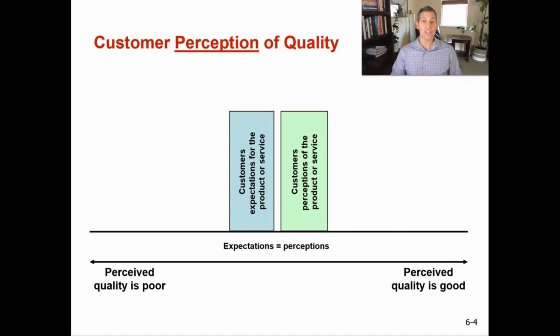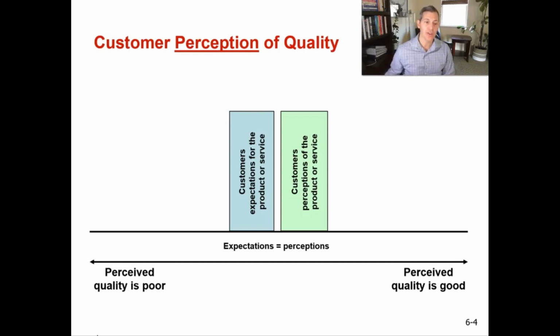But when they cheated on those emission scandals, their company reputation went way down. So as customers, we've got a perception of quality, whether it's for a country like United States, China, Japan, or we can have a perception of quality for a product or a service or even a company. So with Volkswagen, they took a hit over the course of the last couple of years, but we have a perception for every company that we do business with.